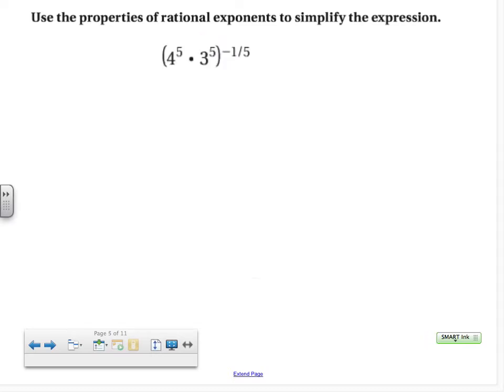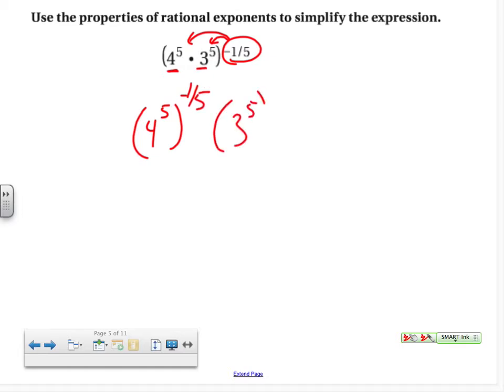Right, try this one. All right, so as we take a look at this, we've got the same idea. We've got a multiplication and we've got an exponent. So we're going to apply that exponent to both parts of the multiplication. We'll have 4 to the 5th to the negative 1/5 and 3 to the 5th to the negative 1/5.